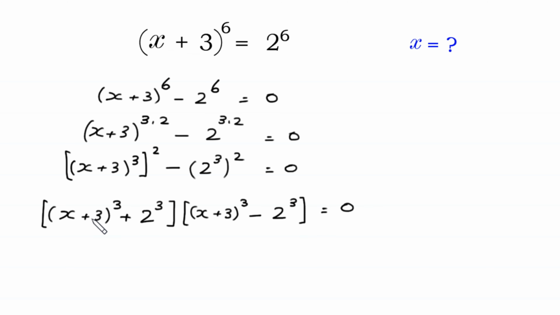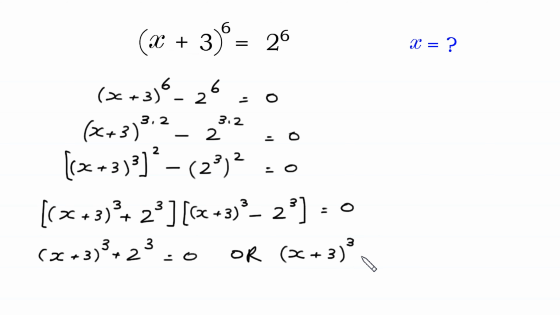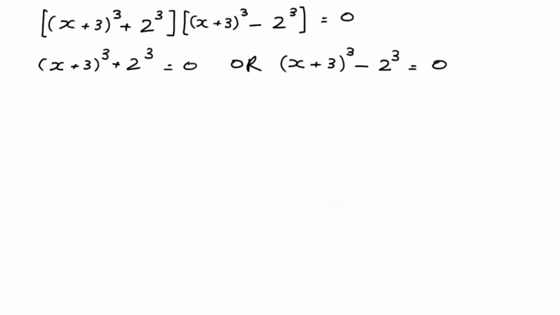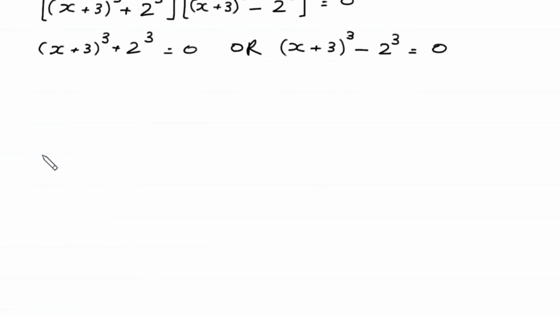Now from here, either this expression (x + 3)^3 + 2^3 is equal to 0, or this expression (x + 3)^3 − 2^3 is equal to 0. So we have two cases here.